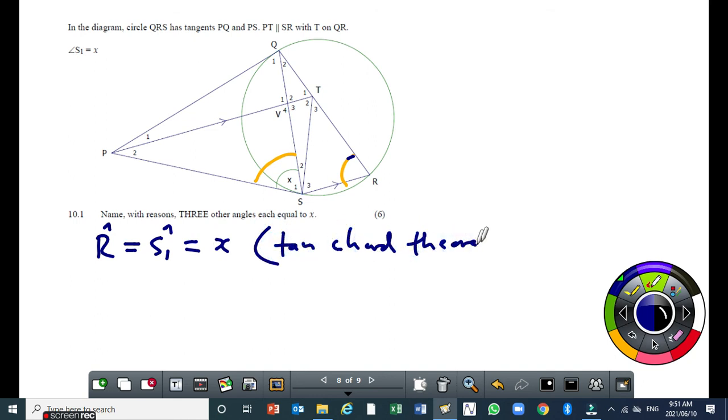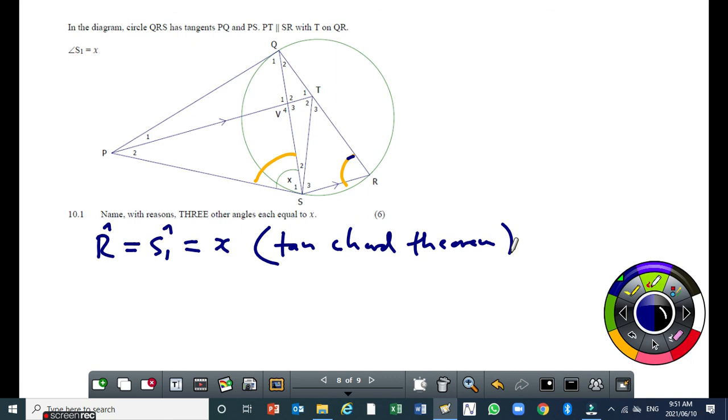Every time you see a tangent in a question, what must come into your head straight away is the tangent chord theorem. I told you about it. Even in your control test next week, if you see a tangent, it means somehow you have to use the tangent chord theorem. Don't get confused and look for other things elsewhere. There's no need to get scared.